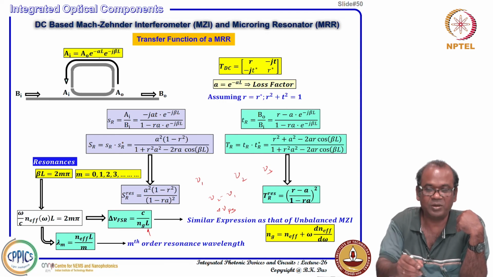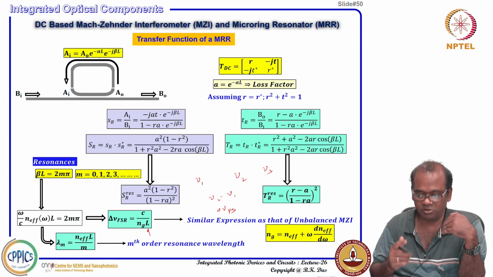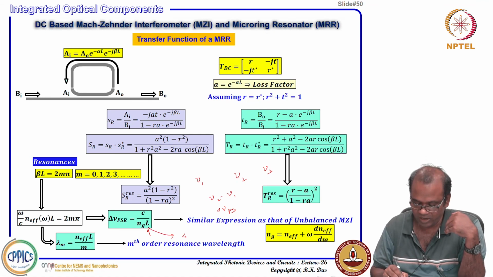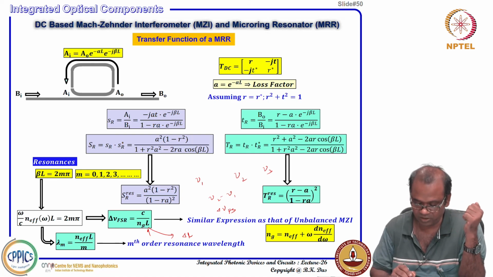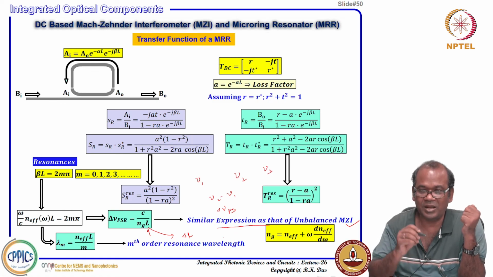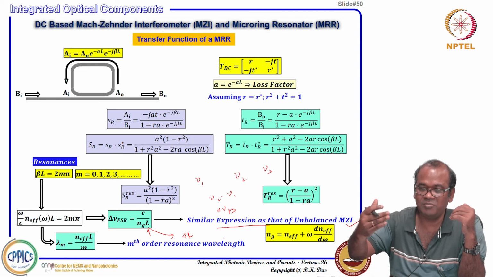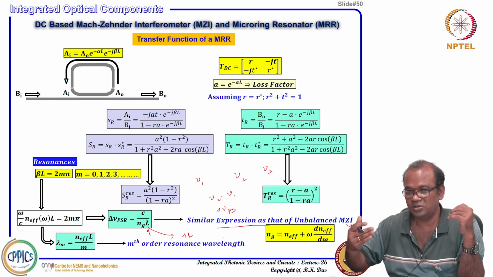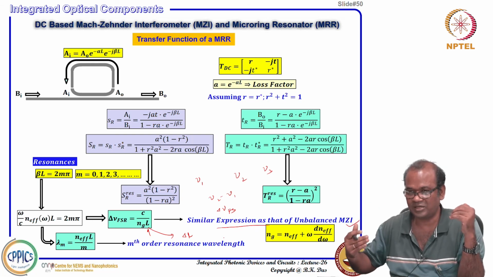Here L is the perimeter length, and in the case of an unbalanced Mach-Zehnder interferometer, this L is written as delta L, the difference between the arms. So it is basically a similar expression to that of the unbalanced Mach-Zehnder interferometer. But in the unbalanced Mach-Zehnder interferometer, when you get the power maximum in one port, the other port is minimum, and when you get minimum in one port, the other port is maximum.